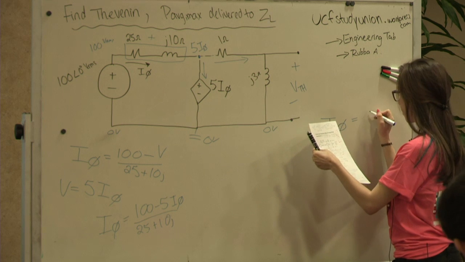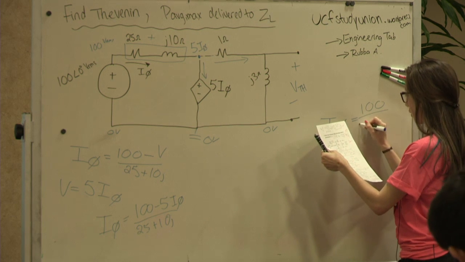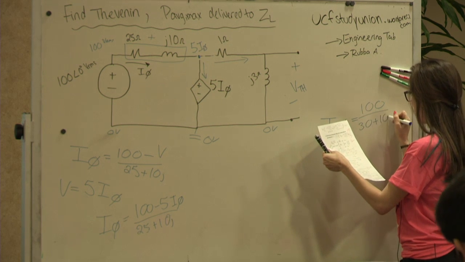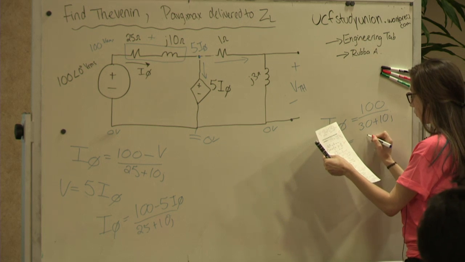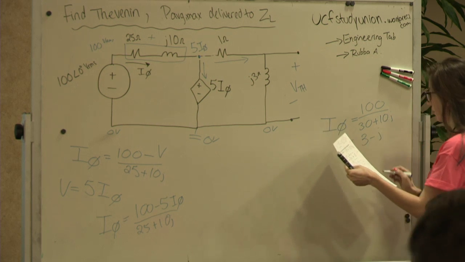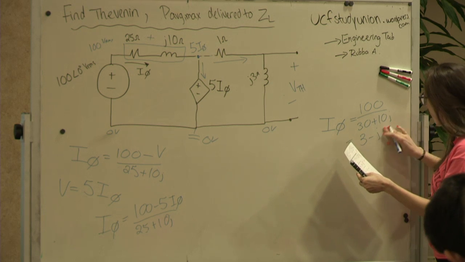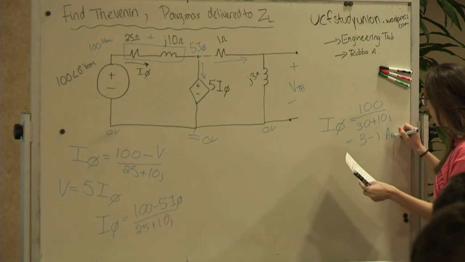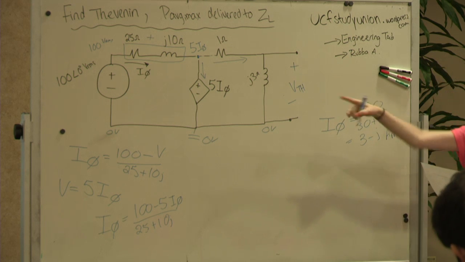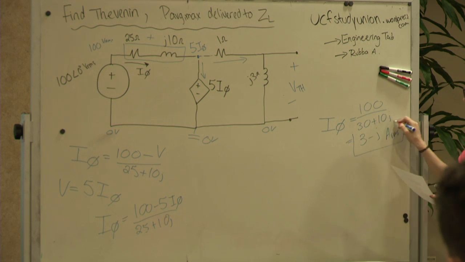Oh, 3. So you simplify it, 100 over 30 plus 10J equals 3 minus J. And that's going to be in ARMS. Remember when I said it's already in VRMS, so this is going to be in ARMS.